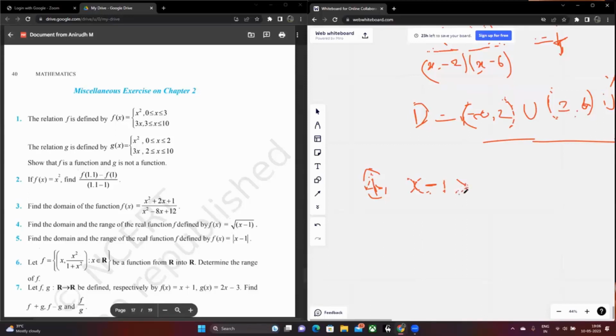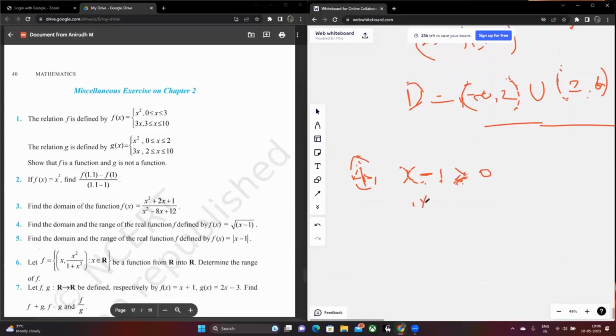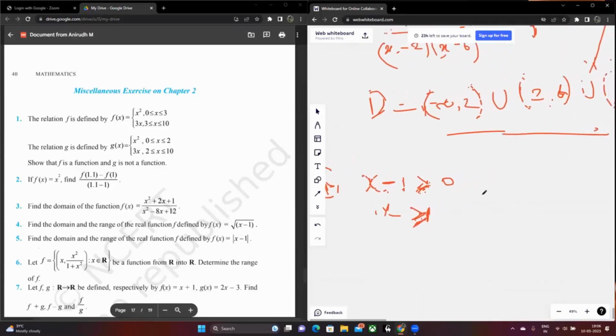So x is greater than or equal to 1. So you have that the domain D equals the closed set 1 to infinity.